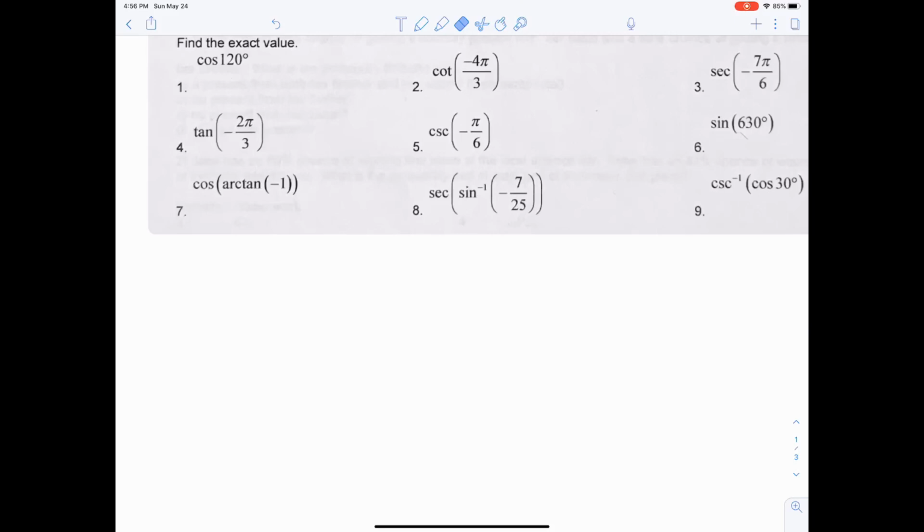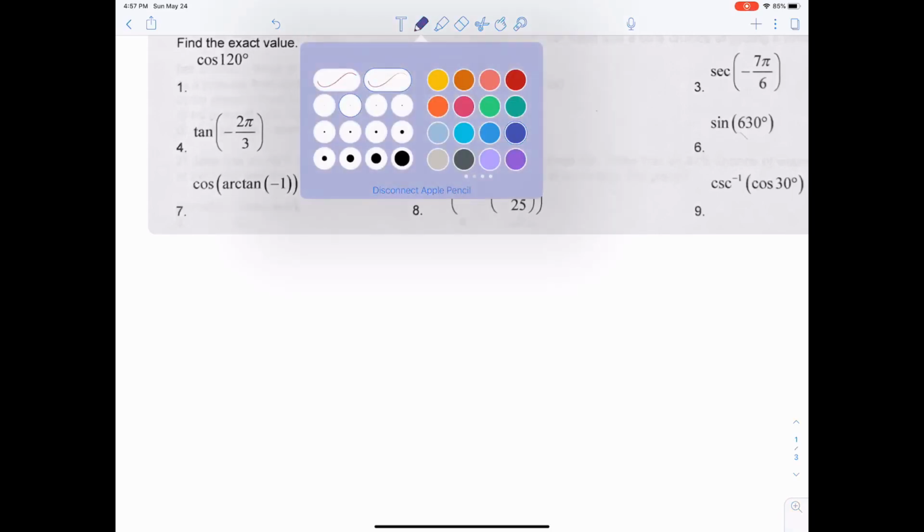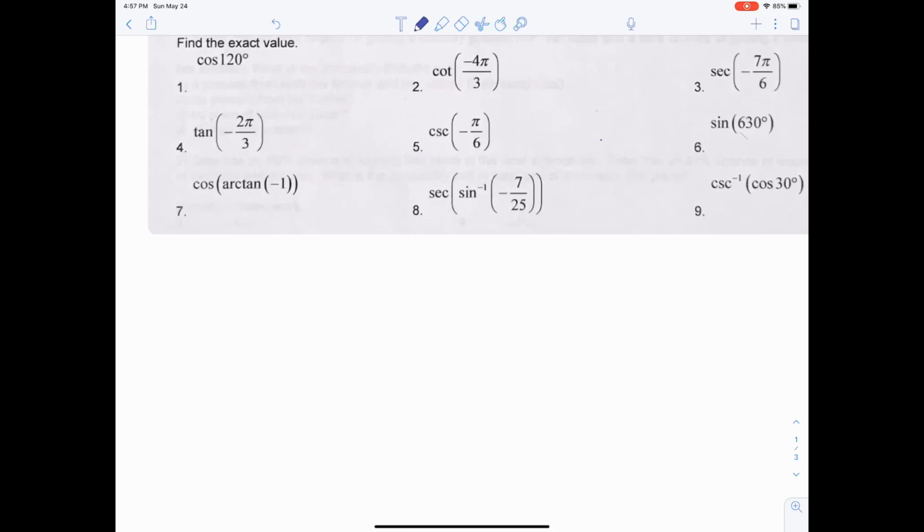Okay, question number 7. Ooh, for a long time I didn't do it, so it needs some time. Cosine of arctan of negative 1.